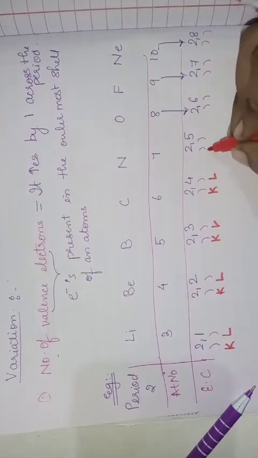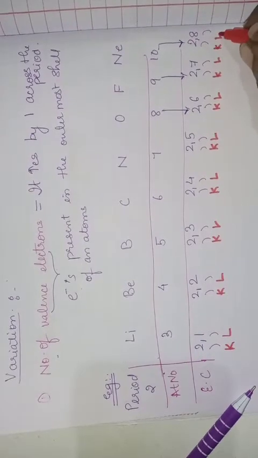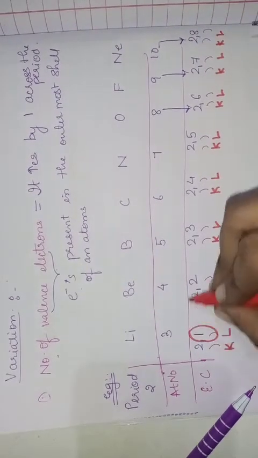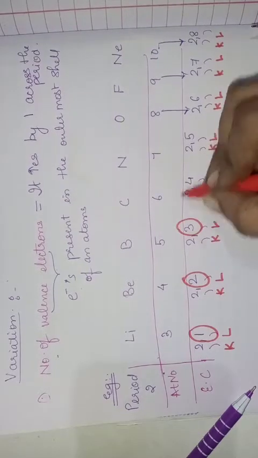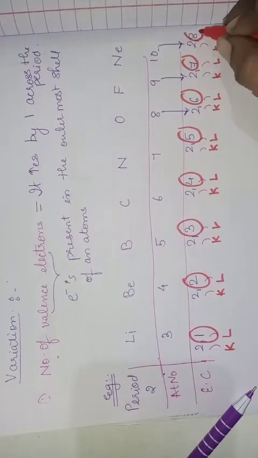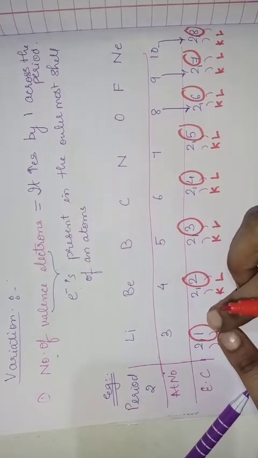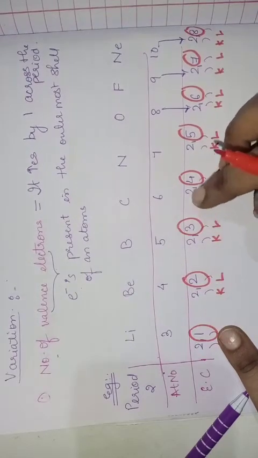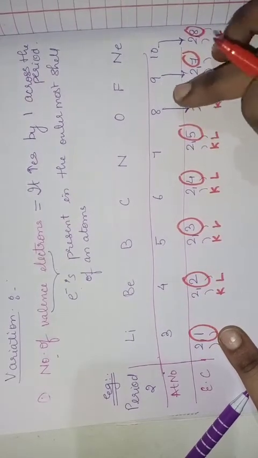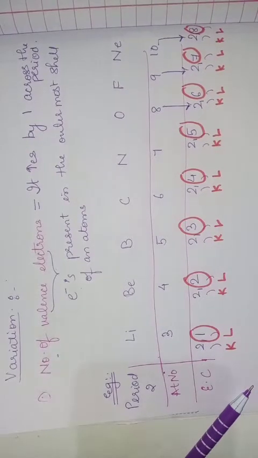For all these elements, the outermost shell is the L shell. In it, the valence electrons increase successively by 1. For lithium it is 1, beryllium 2, boron 3, carbon 4, nitrogen 5, oxygen 6, fluorine 7, and neon is 8. So this is the first variation, that the number of valence electrons increases.